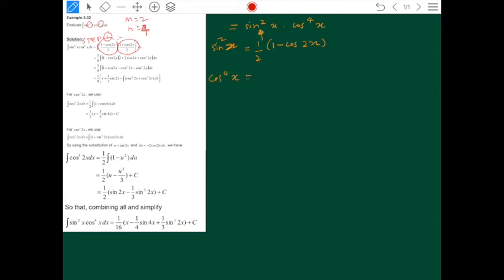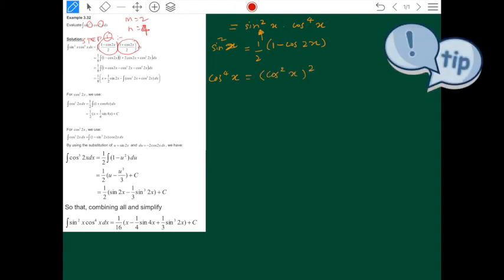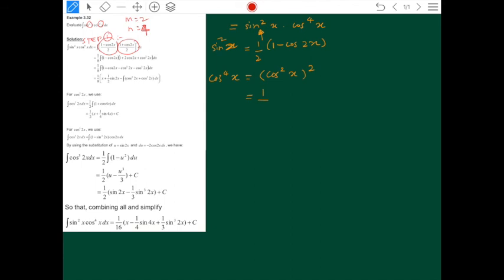And we also have cos power of 4x, so this is cos squared x, all to the power of 2. Since this is the even case, we use this trigonometry identity, 1 plus cos 2x. And the whole thing is squared, so you'll get 1 over 4, 1 plus cos 2x squared.